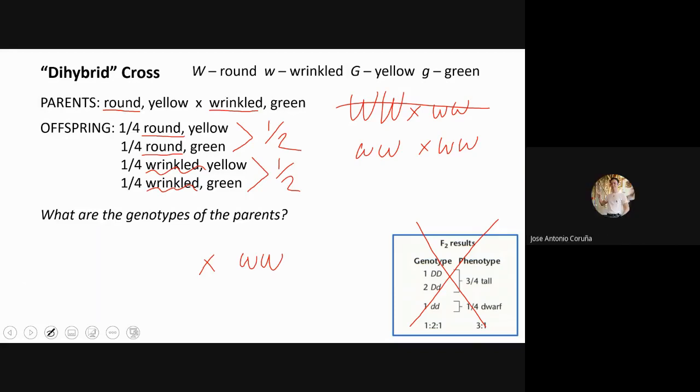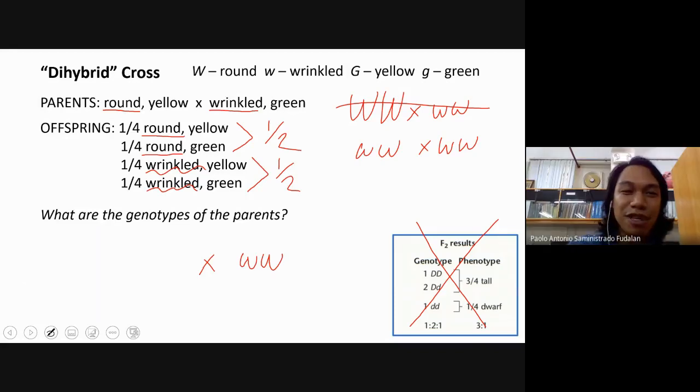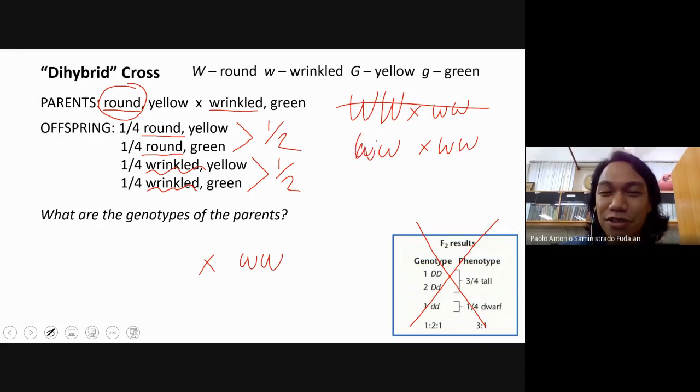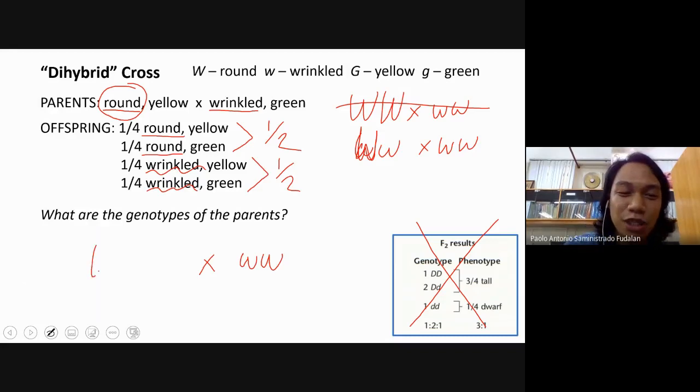No, sir, because they would all be wrinkled, and the parent, look at the phenotype, is round. So it can't be small w, small w. The only alternative to big W, big W is the big W, small w.